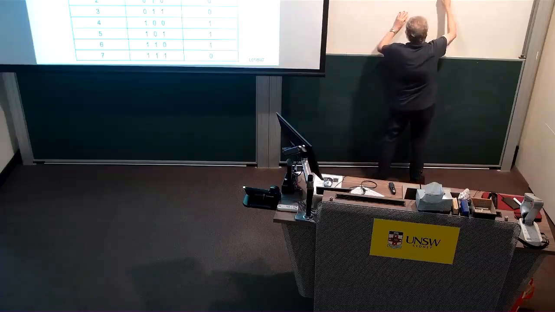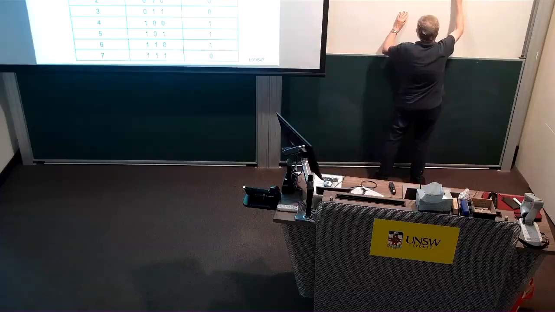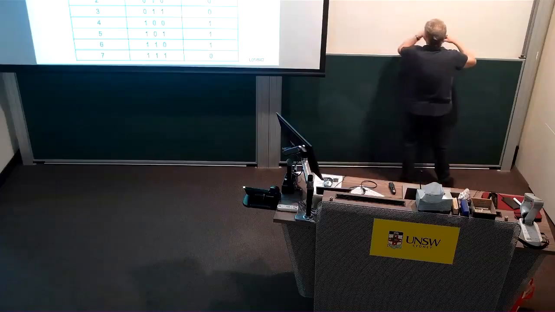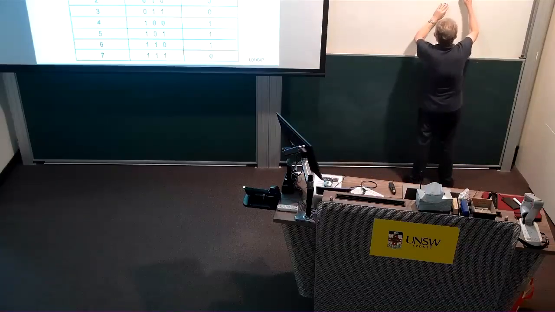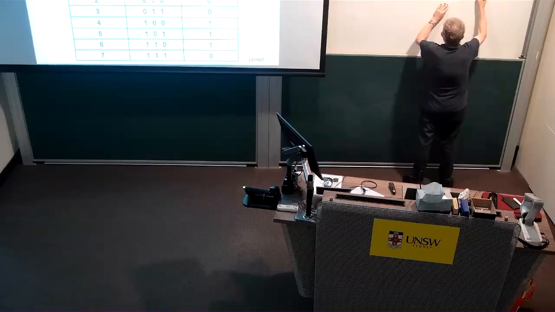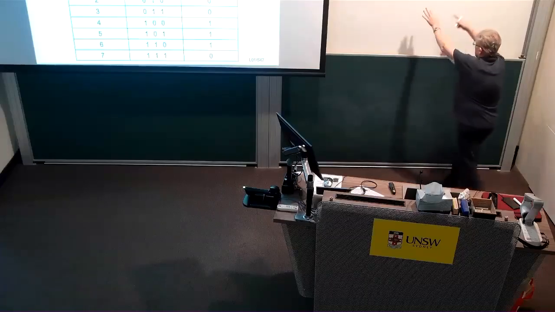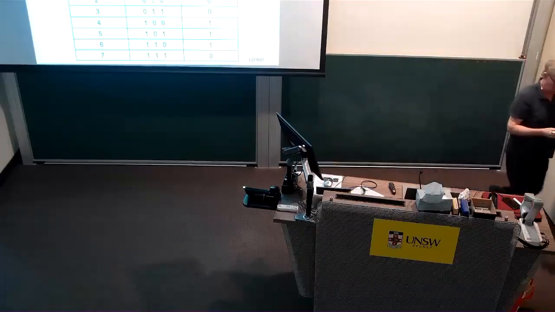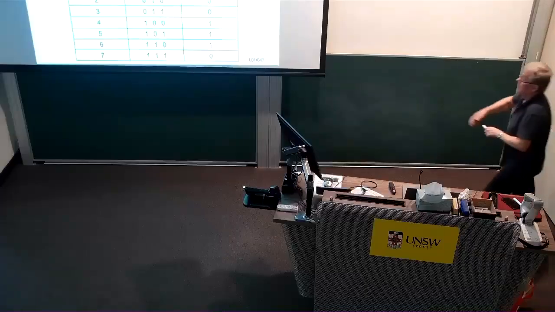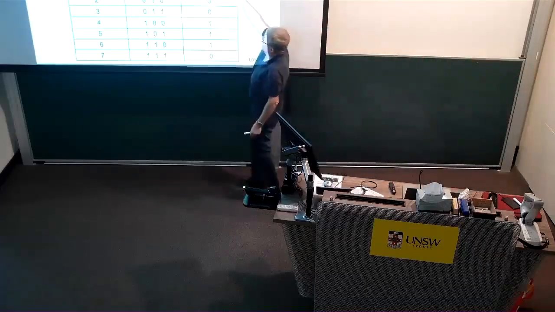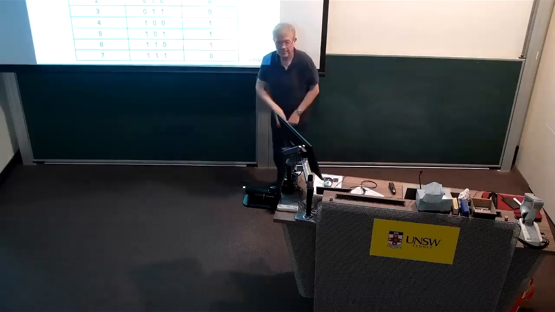I don't even have to look at the board. I know exactly that means that it's also the product of max terms 0, 2, 3, 7, right? Because just the ones that are missing from the list. That corresponds to all the zeros that I see. 0, 2, 3, and 7.